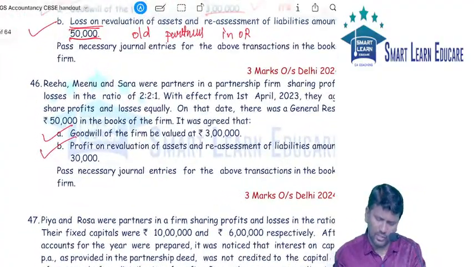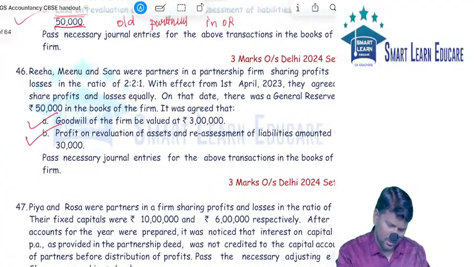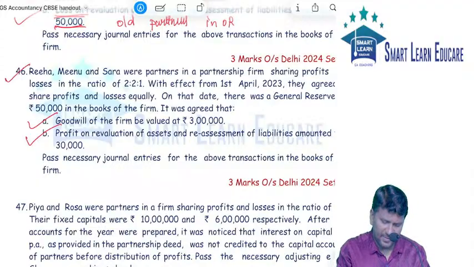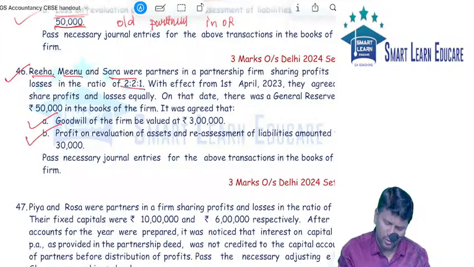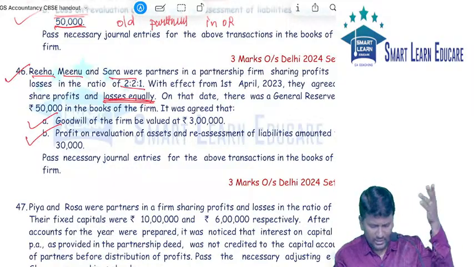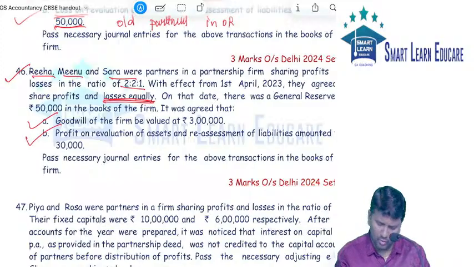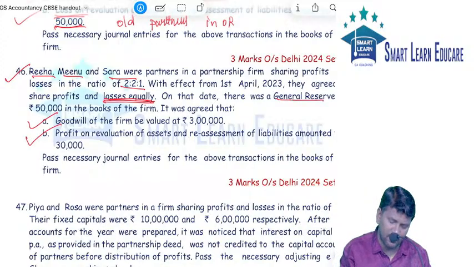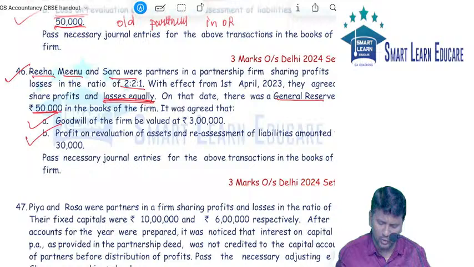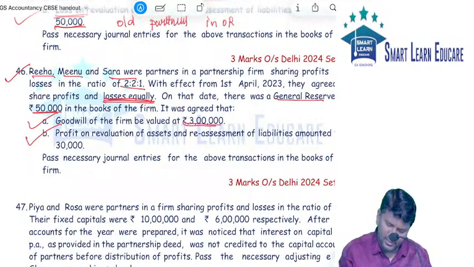Next question, question number 46. Three partners R, M, S were partners, profit sharing ratio 2:2:1. Now they changed the profit sharing ratio to equal. So earlier we had one ratio, now we have a new ratio. On this date, again general reserve is there. What is the amount of general reserve? 50,000. Goodwill of the firm is 3 lakh.